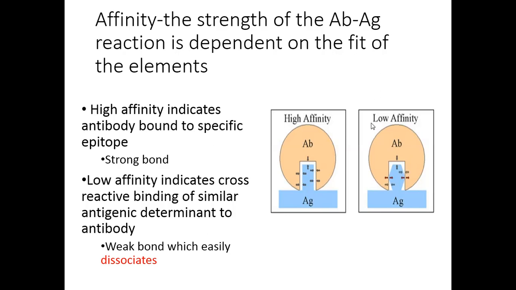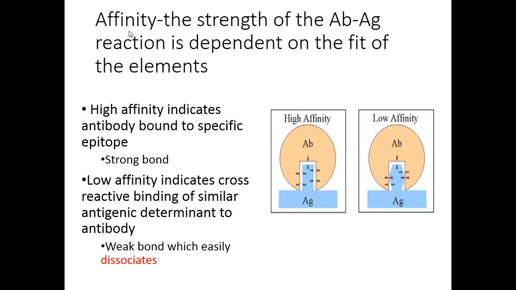When we talk about that lock and key analogy we've been talking about in prior lectures, we're still talking about affinity. Affinity, the strength of the antibody-antigen reaction, is going to be dependent on the fit of the elements.